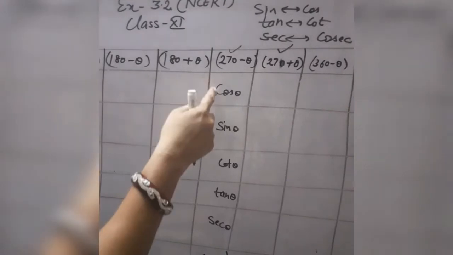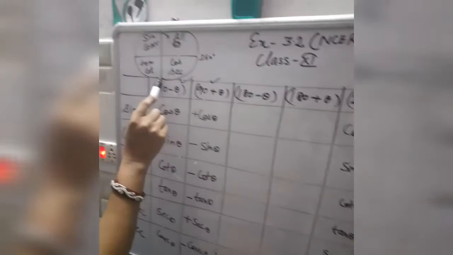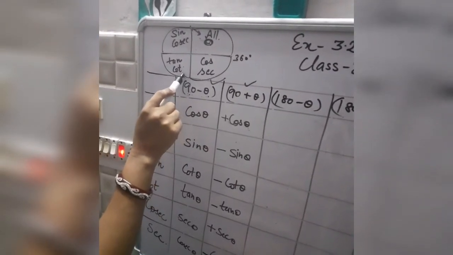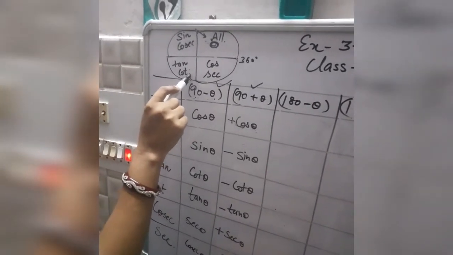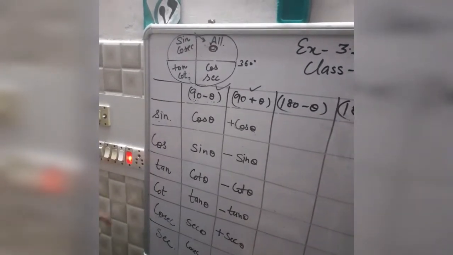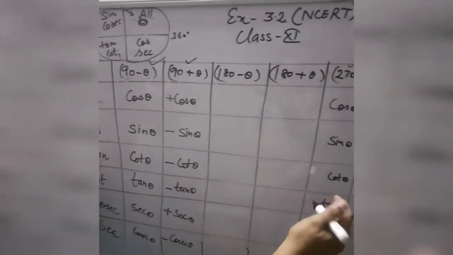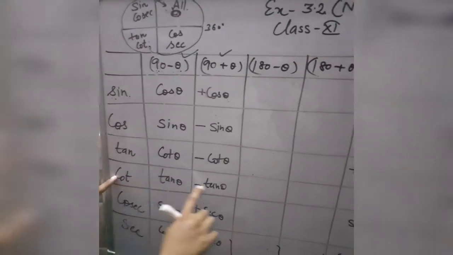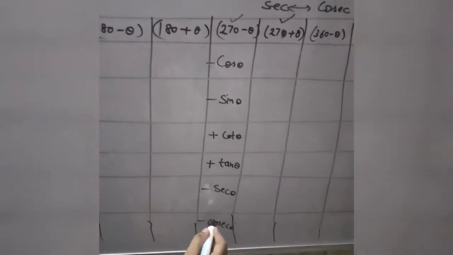Now see how you will take the negative and positive signs here. 270 minus something: this is 180, this is 270, and if you subtract some angle whose value is from 0 to 90 degree from 270, then you reach the third quadrant, and all of you know that in the third quadrant tangent and cot are positive. That's why in front of tangent, the row in front of tangent, and the row in front of cot, here you will take a positive sign, and the remaining 4 will be negative.